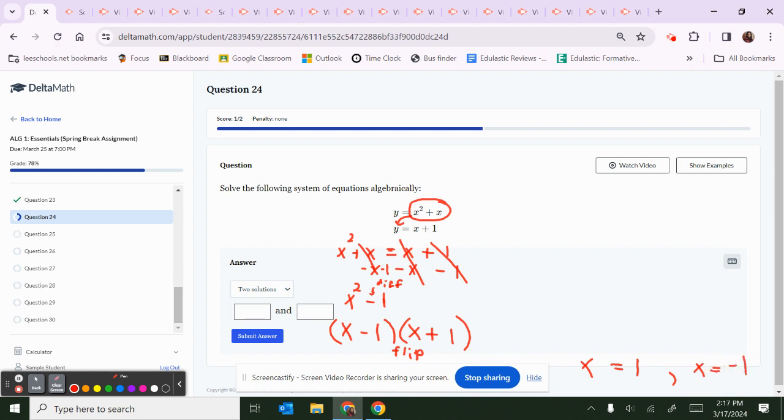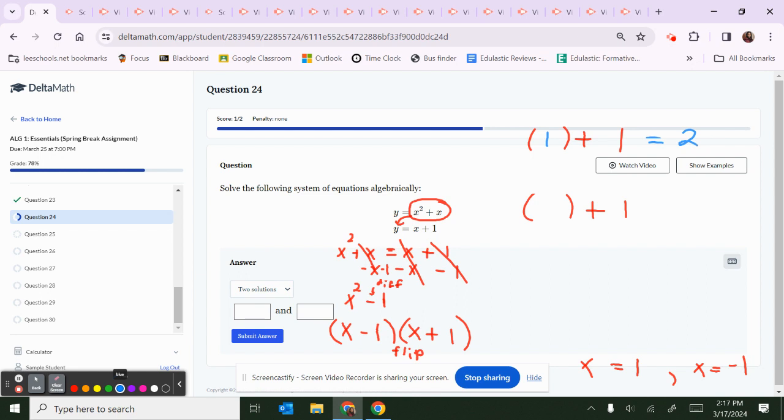So now we're going to find the y's that go with them. I'm going to rewrite my second equation, and replace x with these numbers right here. So I would have parentheses plus 1 and another parentheses plus 1. Now I'm going to plug in my positive 1. There's nothing in front of this parentheses, nor is there an exponent, so 1 plus 1 would be 2.